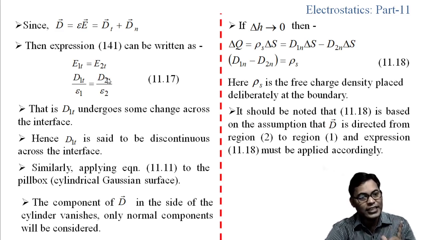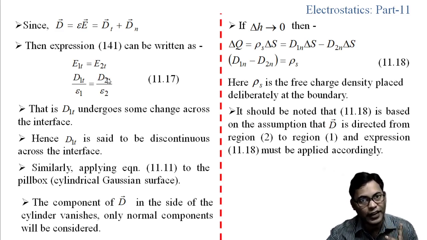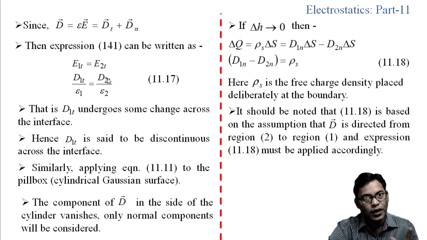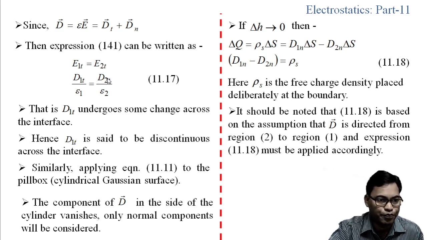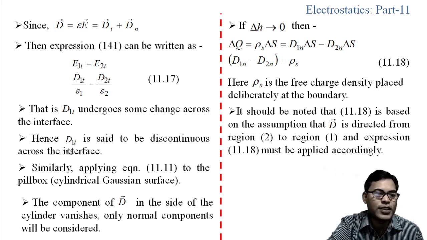So the tangential component of the electric field will be the same in medium 1 and medium 2, but the flux density of the electrostatic field will not be the same. This is another boundary condition of the electrostatic field moving from medium 1 to medium 2. Hence, D1t is said to be discontinuous across the interface.